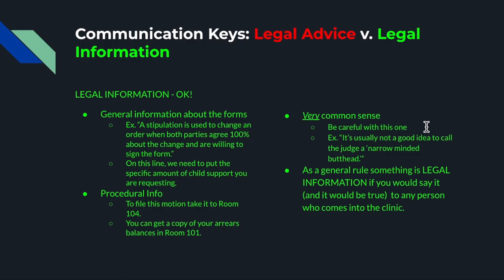It is okay to say, usually in legal documents, we don't use profanity to describe court officials, right? So that's what we mean by common sense. So not like, I think it's common sense to file your taxes on this date. I'm not talking about that. We're talking about very much, yes, you think the judge is a narrow-minded butthead, but we can't use that language here, right?